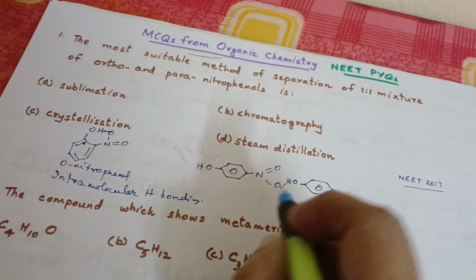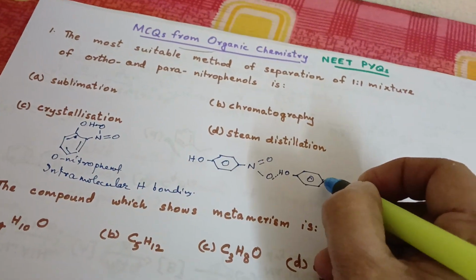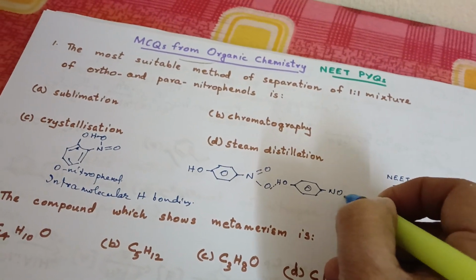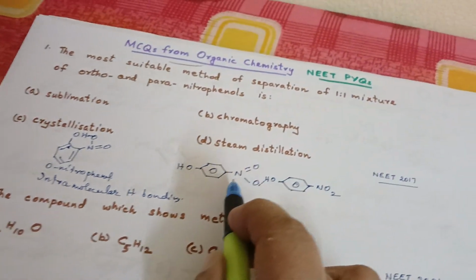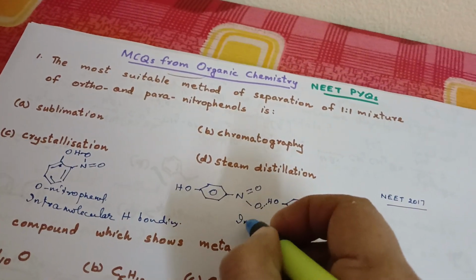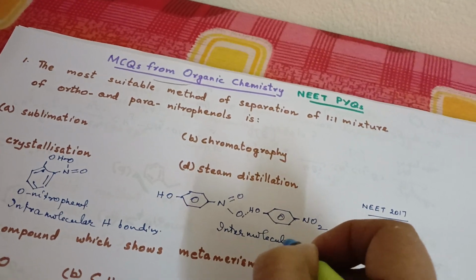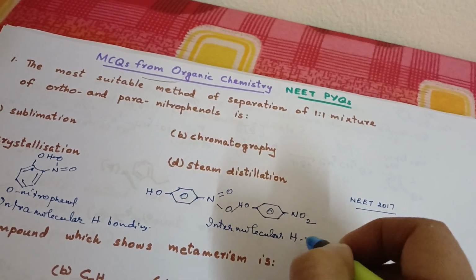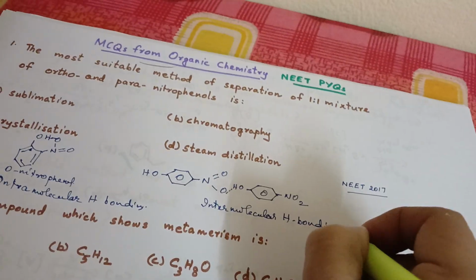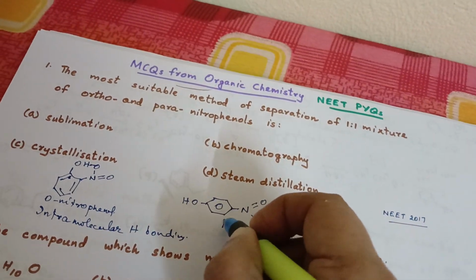There will be intermolecular hydrogen bonding, that is between the two phenol molecules. This is paranitrophenol.